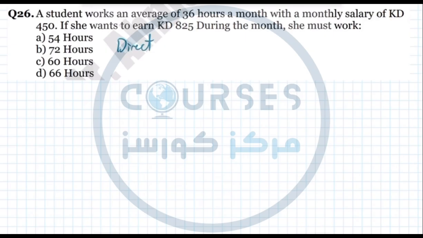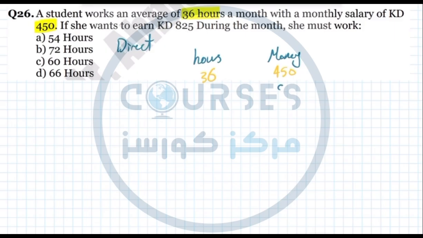How do we solve? Let's see. We have a comparison between the hours and the money. 36 hours equals how much money? 450. Now, if she wants to earn 825, where do I put that number?